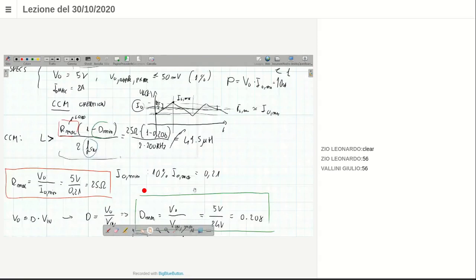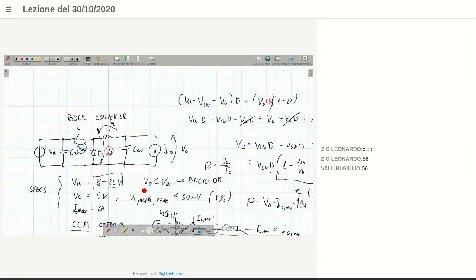We consider our buck converter. We know that when the switch is on, the diode is off, and the voltage across the diode is minus Vin.